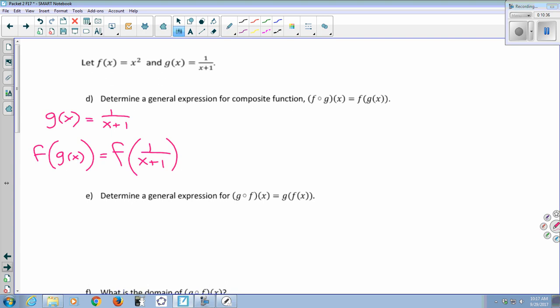Doing my substitution, I replaced g of x with its formula. Now if I want to take that formula 1 over x plus 1 and plug it into f, that means replace every x in the f formula with 1 over x plus 1. So this is (1 over x plus 1) squared.